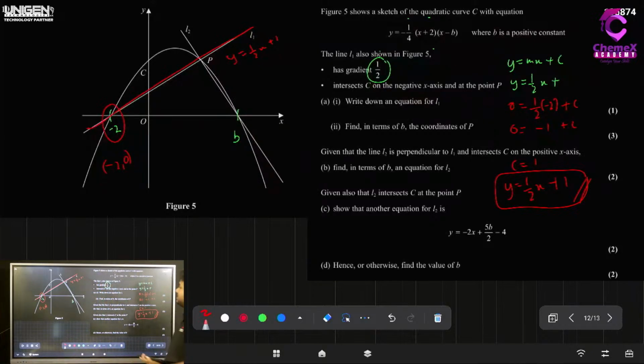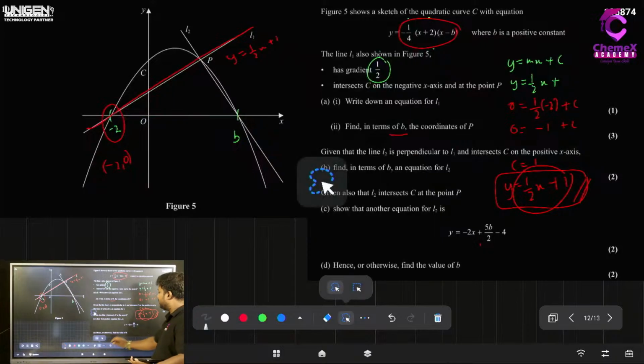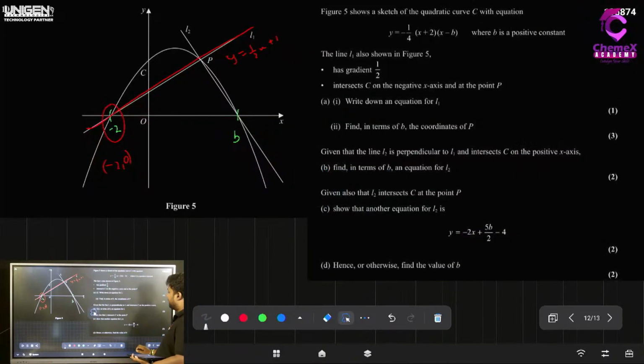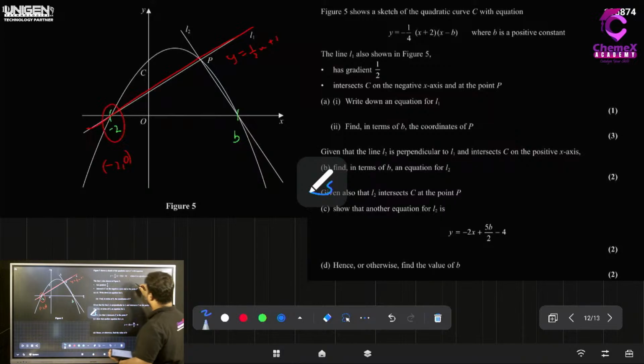Then next they are asking find b. So you can equate this to this equation what you found. So if you equate them, what are you gonna get?